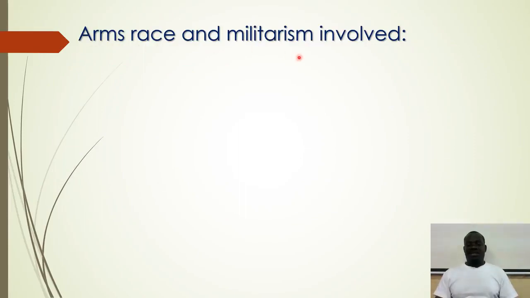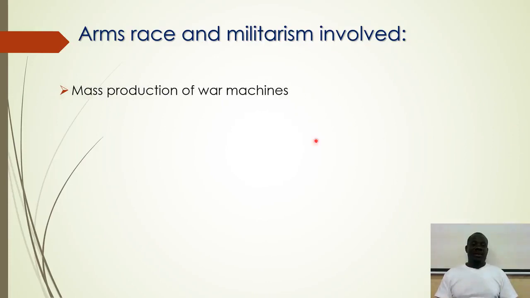Arms race and militarism in Europe during this period involved a number of issues. What were they? Number one, there was the mass production of war machines. Countries in Europe embarked on making a lot of war machines.